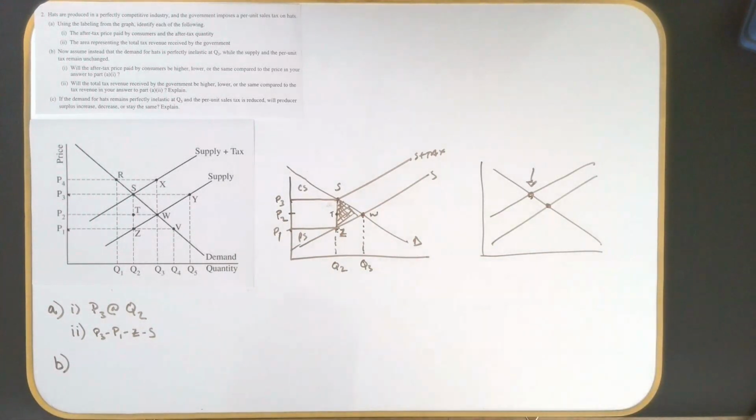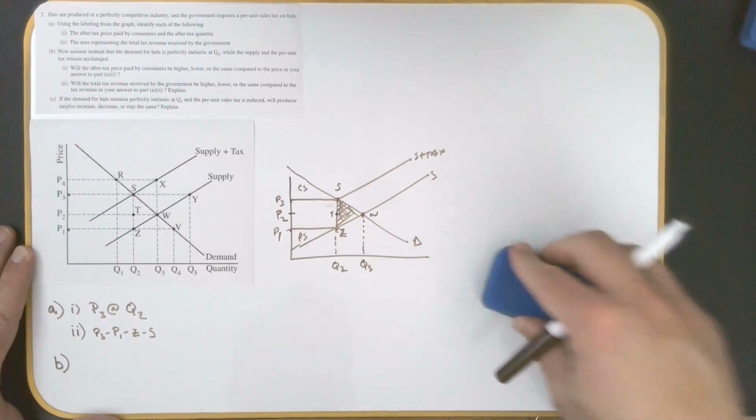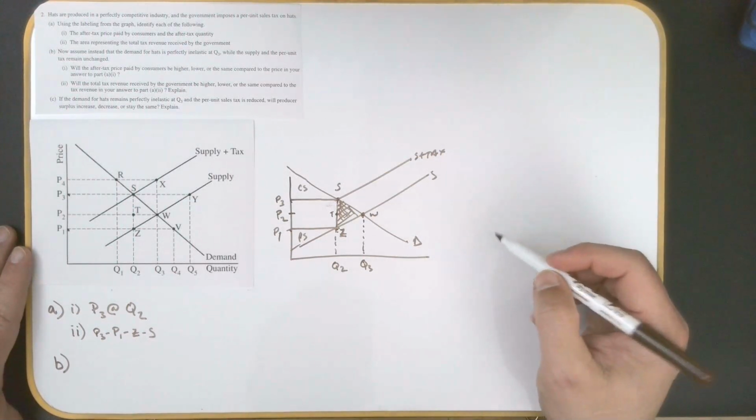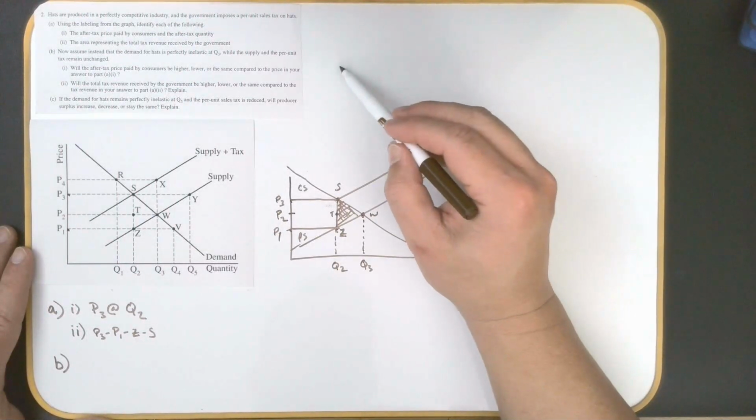All right, it says, now assume instead that the demand for the hats is perfectly inelastic at Q3, while the supply and per unit tax remain unchanged. Well, I'm going to draw a few graphs here, because this can be a little confusing if you haven't done it for a while. So I'll put these across here.